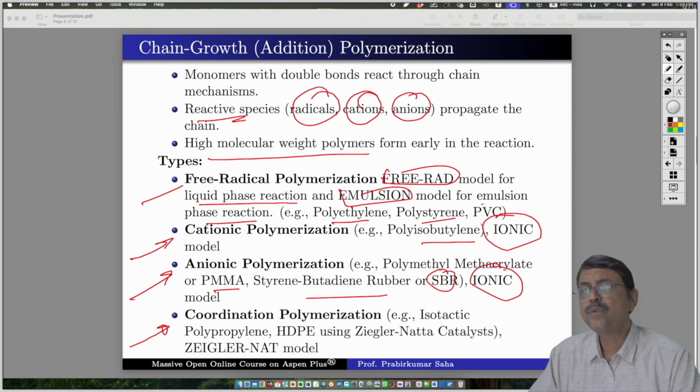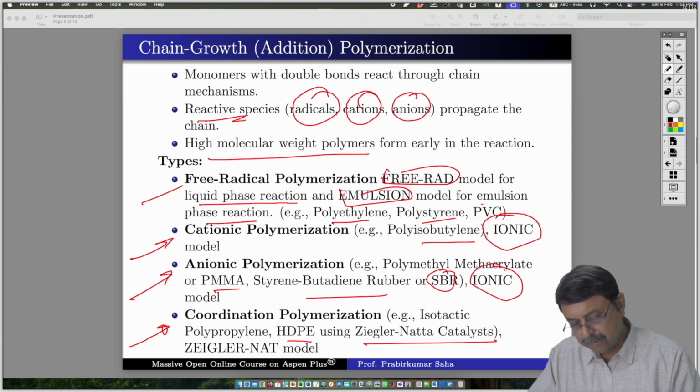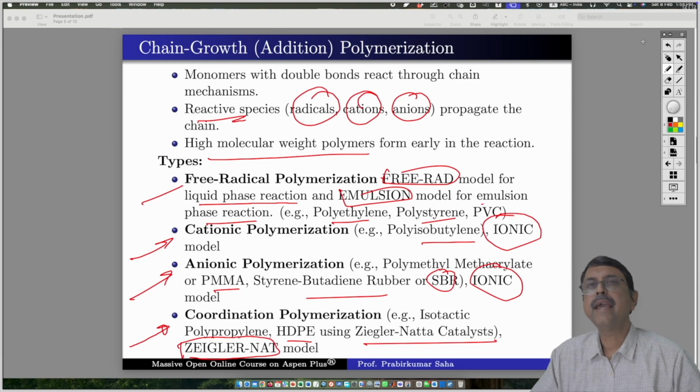And we also have coordination polymerization. This is also a type of chain growth polymerization. Examples are isotactic polypropylene, then HDPE, that is high density polyethylene, using Ziegler-Natta catalyst. So it is used with Ziegler-Natta model. So these are the examples of chain growth polymerization.